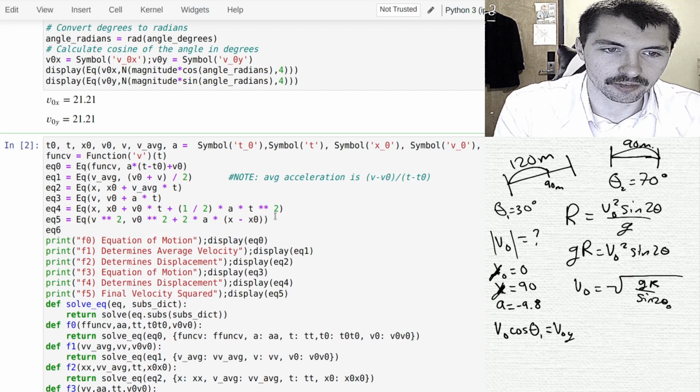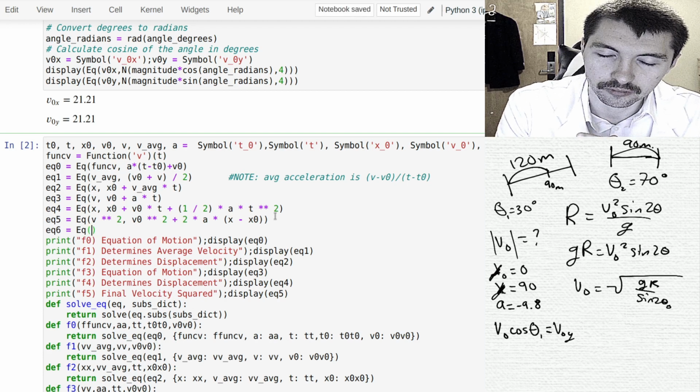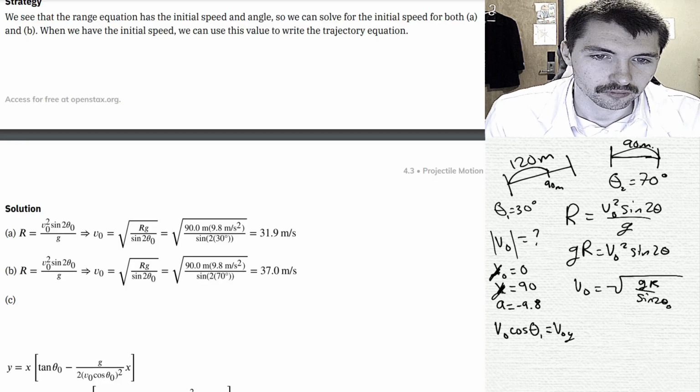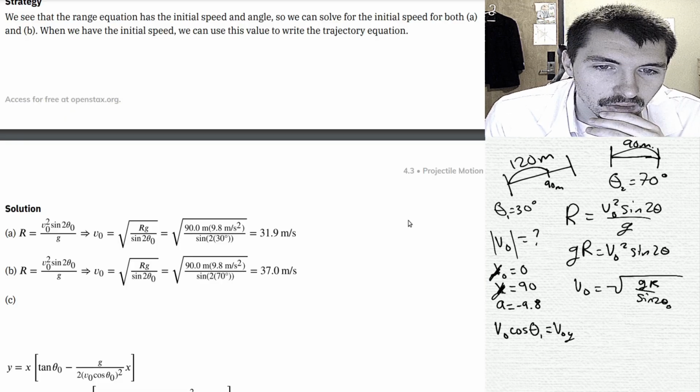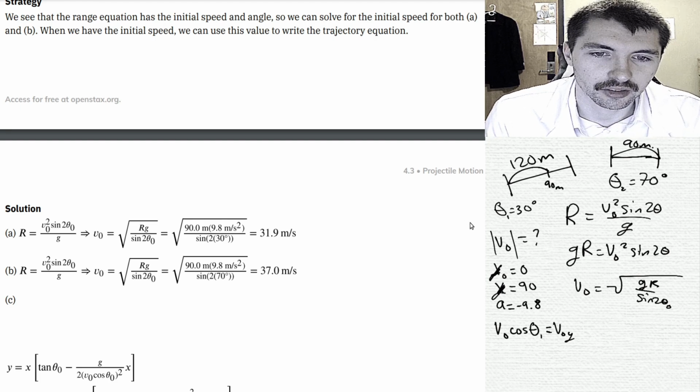Let's go ahead and add this to our equations. So define R. R is 90. Okay. Let's see what they're saying.